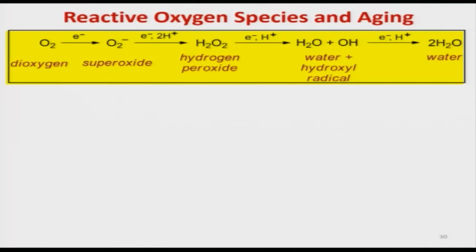So, instead of getting water, there is a chance that you can generate partially reduced species, like it can form O2 minus after 1 electron reduction, which is, as you know, called superoxide. After another electron reduction, it also forms peroxide O2 2 minus, it also can form OH radical.